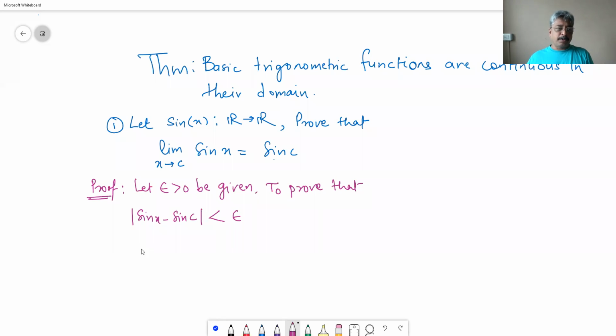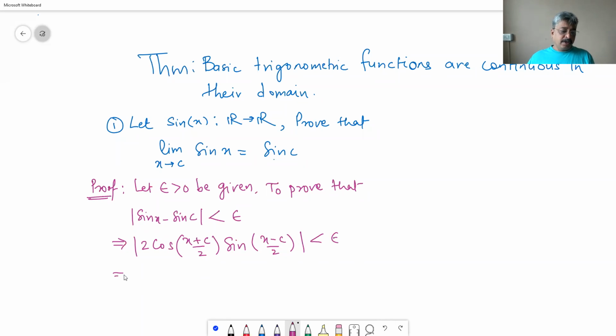Now this problem becomes a trigonometric problem, and therefore you may use your trigonometry skills to deal with it. So sin x minus sin c can be written as 2 cos((x plus c)/2) sin((x minus c)/2), which should be less than epsilon.